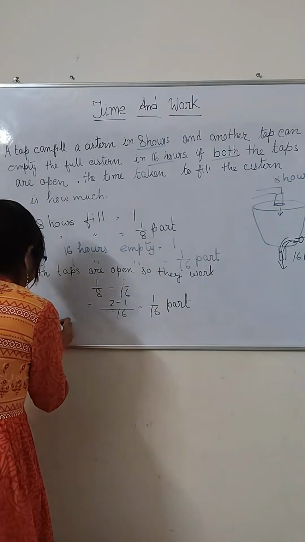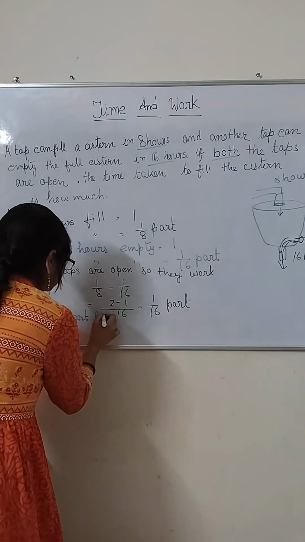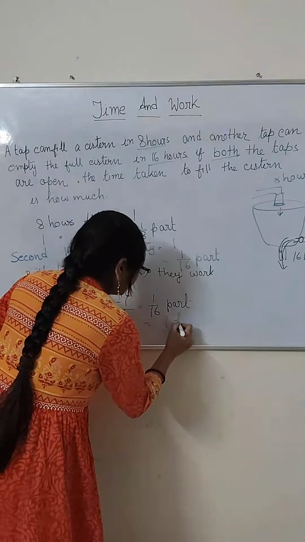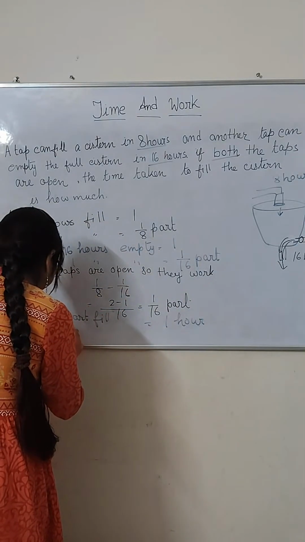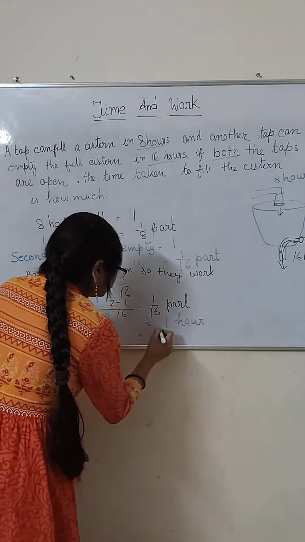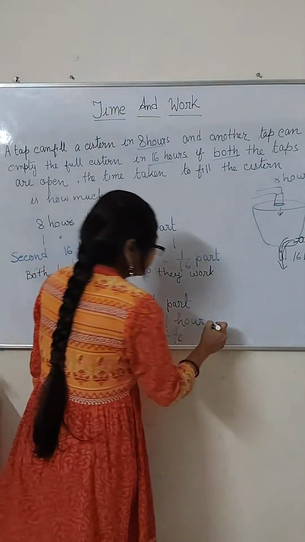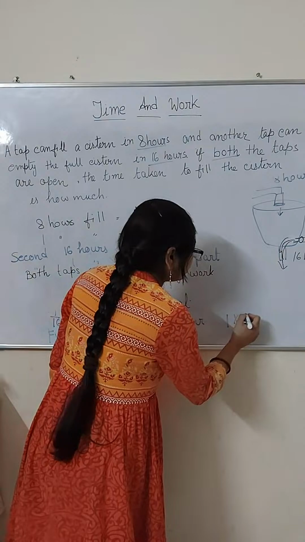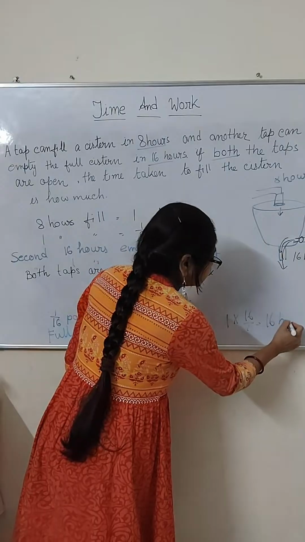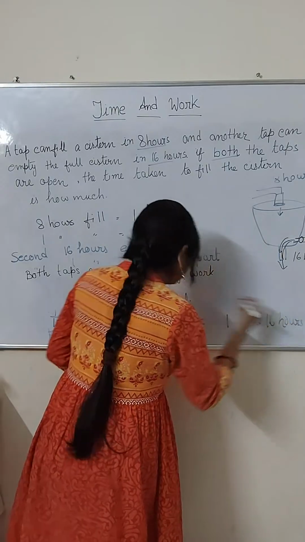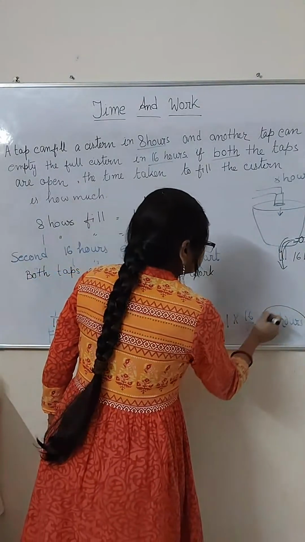1 by 16 part fills in 1 hour. Full part fills in 1 divided by 1 by 16, equal to 1 into 16 by 1, means 16 hours. Now check it. 16 hours.